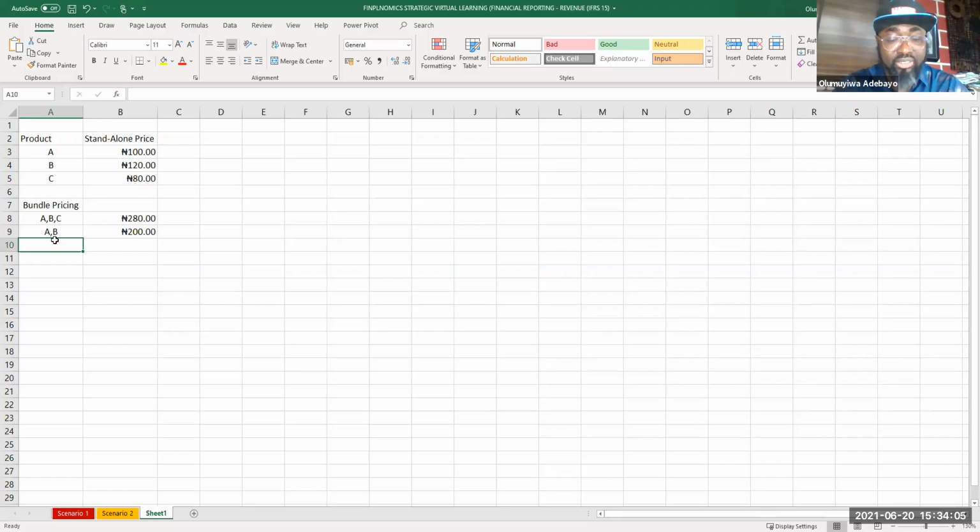When you buy products B, C, instead of paying 200, that is 120 and 80, you still pay 200. If you buy A, C, instead of paying 180, you pay 160.